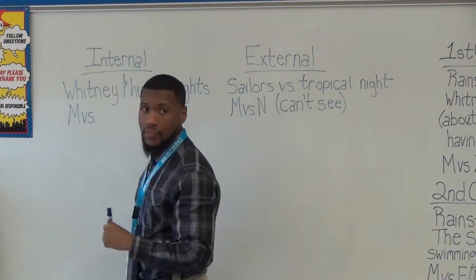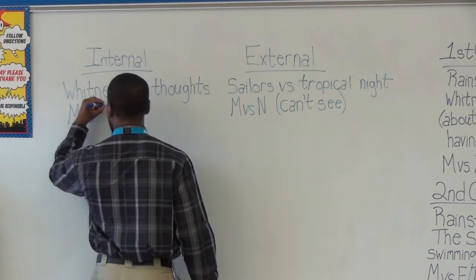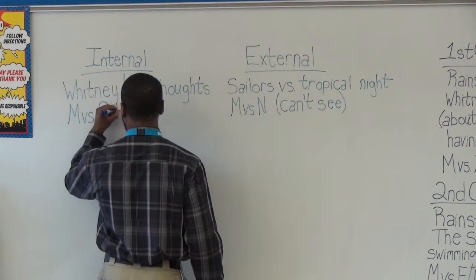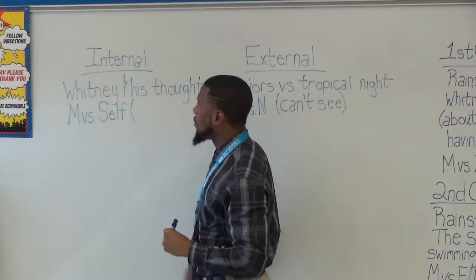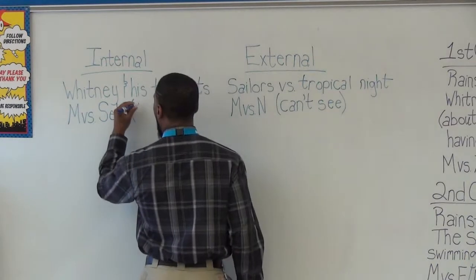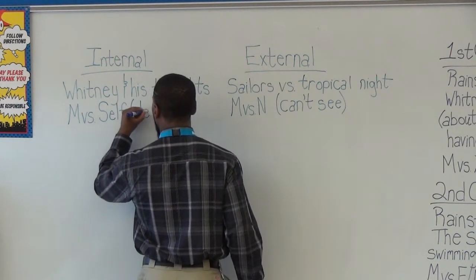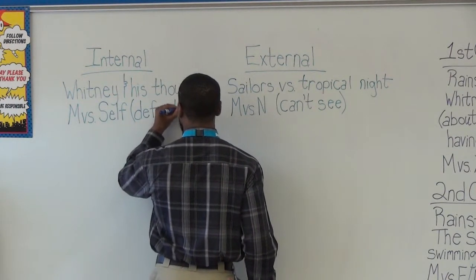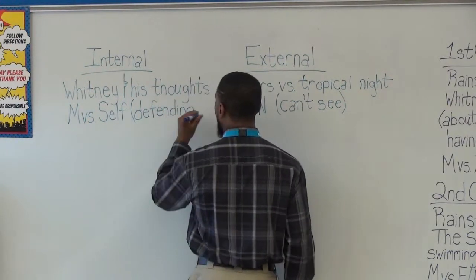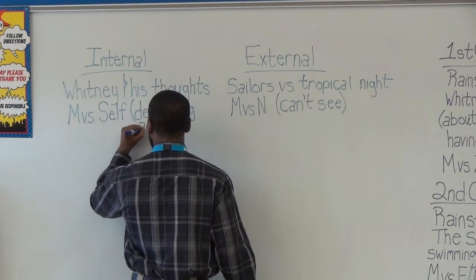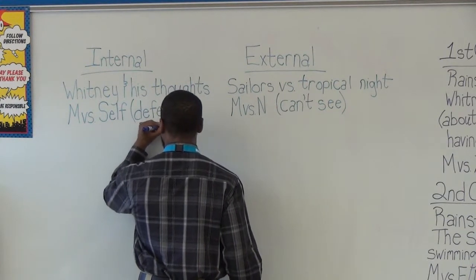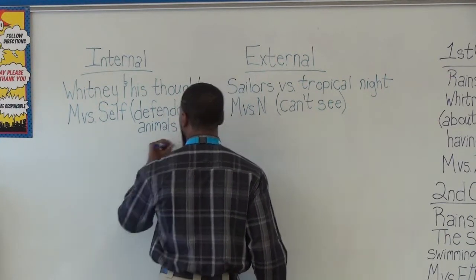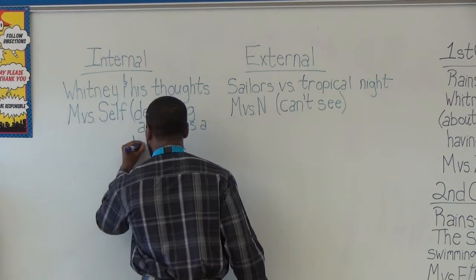Man versus what? Self. Okay, M versus S. Well, say self because it could be society. So, man versus self. And in his thoughts, he was defending animals as a hunter. And so that's a conflict right there, because hunters don't defend animals.